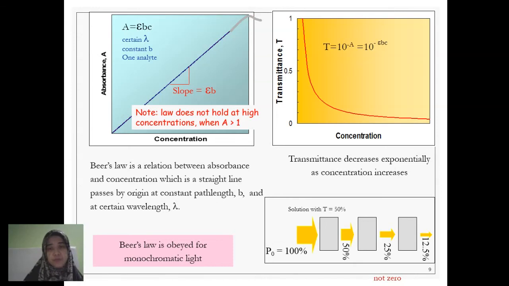Meanwhile, the transmittance decreases exponentially as concentration increases. From the figure, when the light transmits from the source to the sample, it reduces the transmittance to a certain value, but it will not reduce to 0%.